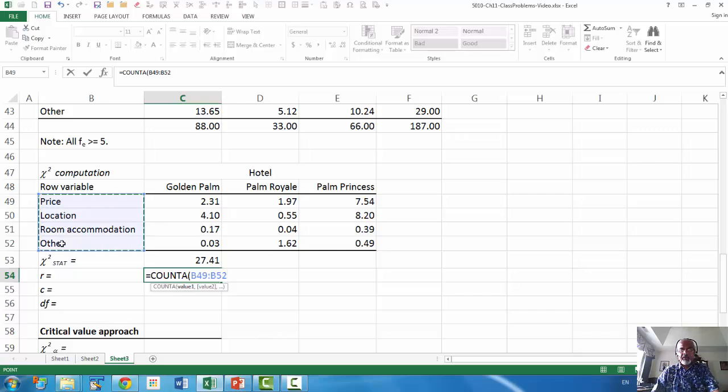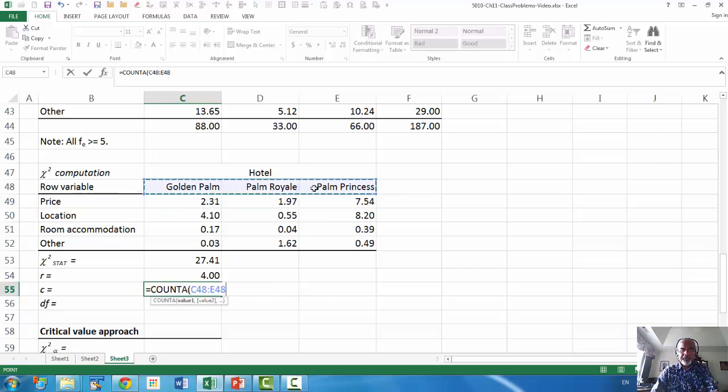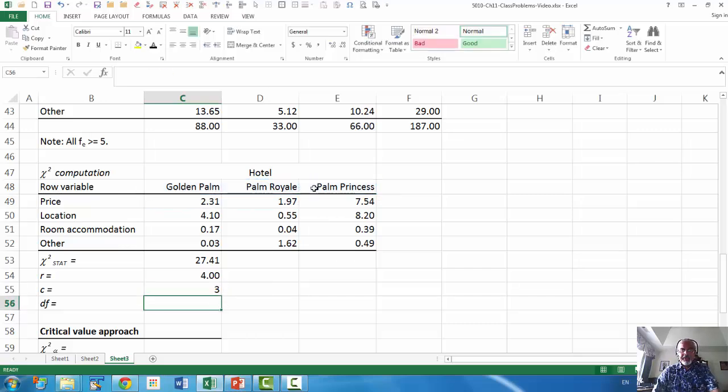So use COUNTA for counting alphanumeric values, and COUNTA for the columns will give you the number of columns. And the degrees of freedom then is r minus 1 times c minus 1.